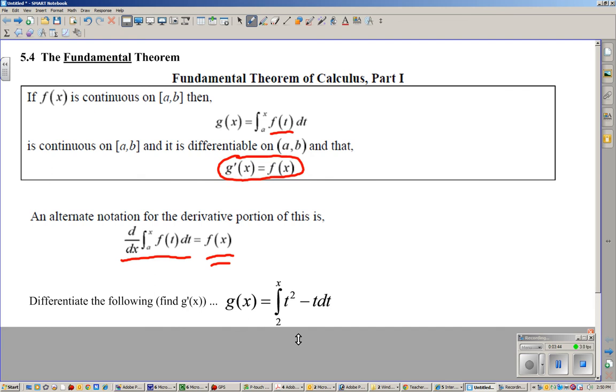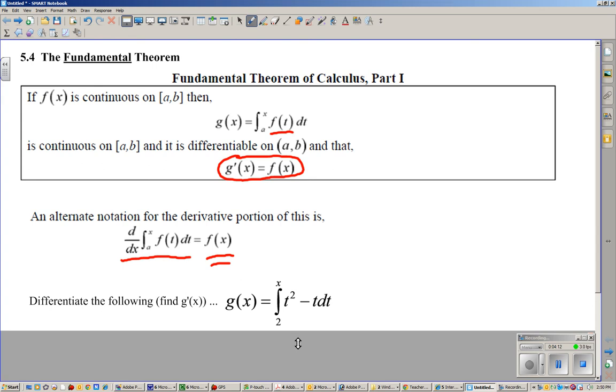So let's say we're asked to differentiate the following function, and the function is called g, just like in the notation used in the book. And notice that it's of this form, that is, the lower limit is some number, doesn't really matter what number. The upper limit is set to a variable, and the integrand is t squared minus t.